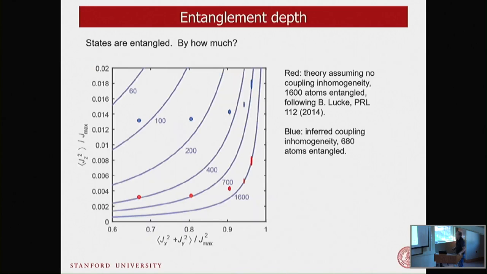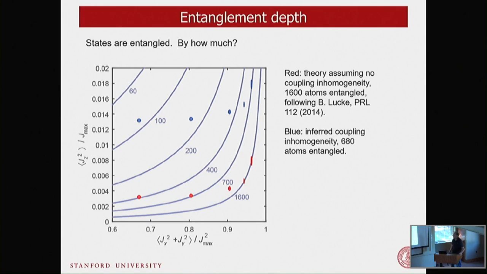Yeah, thanks, Eric. There are different ways of making the inference of entanglement depth from these collective observables, and there's a little bit of theory chatter about what's the appropriate model to use.